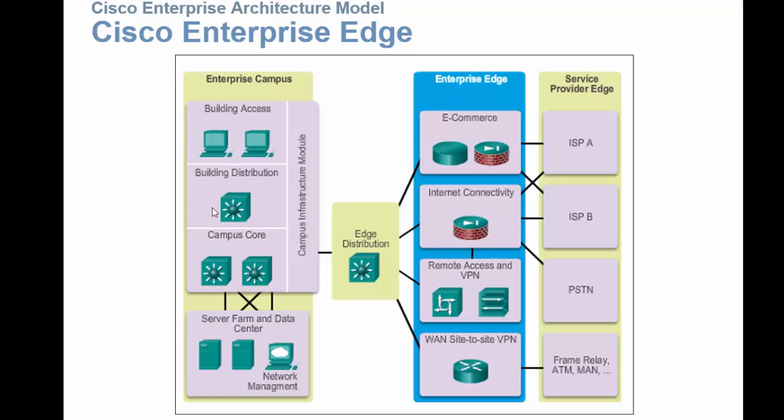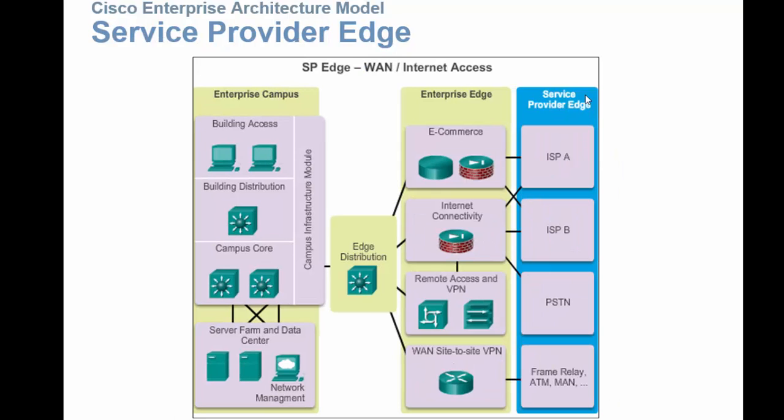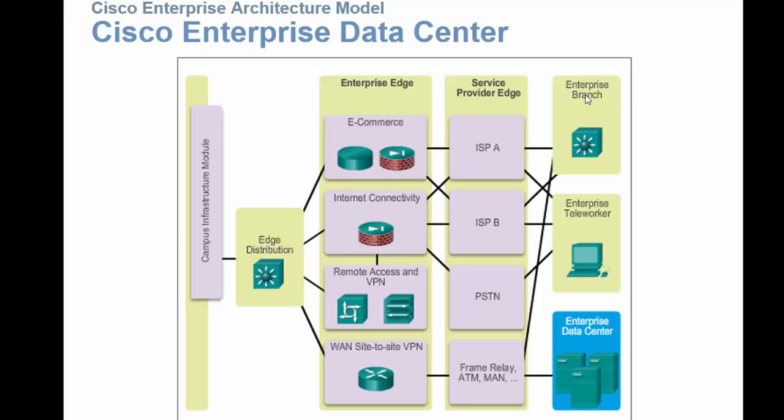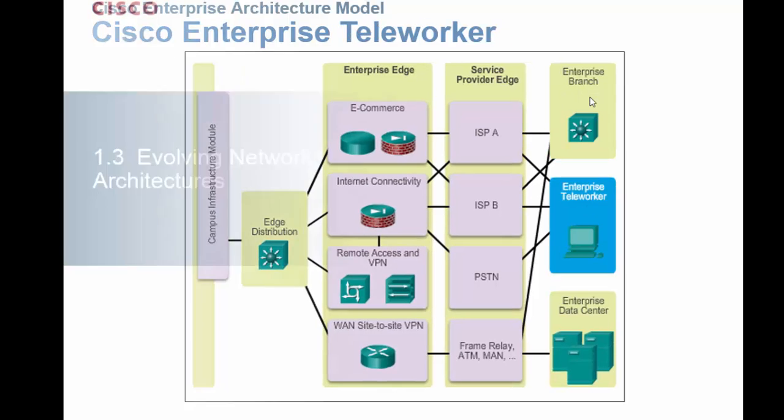It's connected backwards to your enterprise campus through your edge distribution, and it's also connected to the service provider edge. And finally, our service provider edge is our WANs and our internet access. The Cisco Enterprise Data Center, we see it located here outside of the service provider edge. You may also have your enterprise branch and your enterprise teleworkers as well.